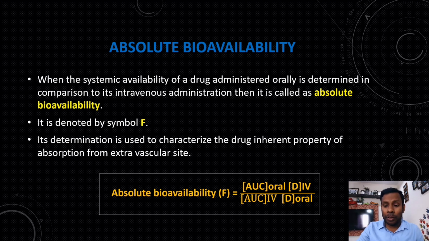After IV route, means what is the dose of IV route, divided by how much AUC we are getting after IV route, then into dose of oral route. That ratio will be called absolute bioavailability. So this can be calculated by this formula: AUC oral into dose IV divided by AUC IV into dose oral.